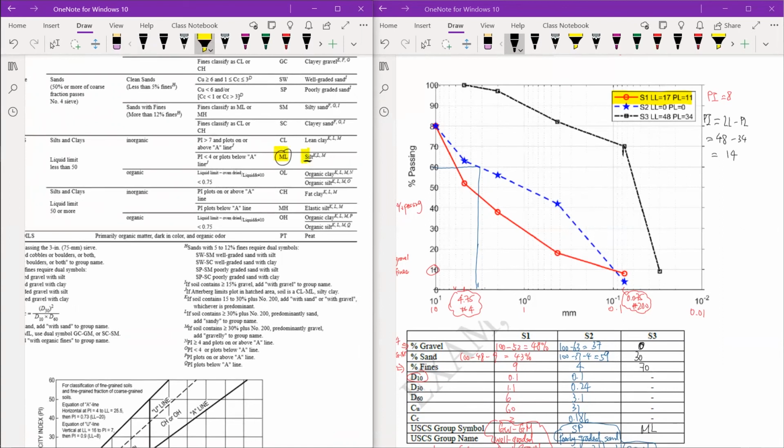And we now have a couple of conditions we need to handle. First, condition K right there, is that if the soil contains 15 to 30% plus number 200, and in our case we have 30%, we are right on 30%, not less than 30. So let's move on to condition L right there.